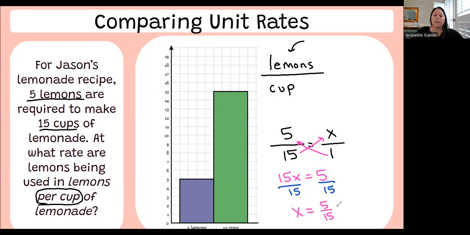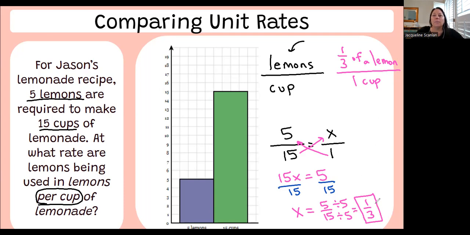If I wanted to write it as a decimal, that would be fine too. I can simplify this fraction by dividing both the numerator and the denominator by 5, and that would give me 1/3. And maybe this makes sense why I left it as a fraction, because what this is telling me is that I would need 1/3 of a lemon if I had 1 cup of lemonade.